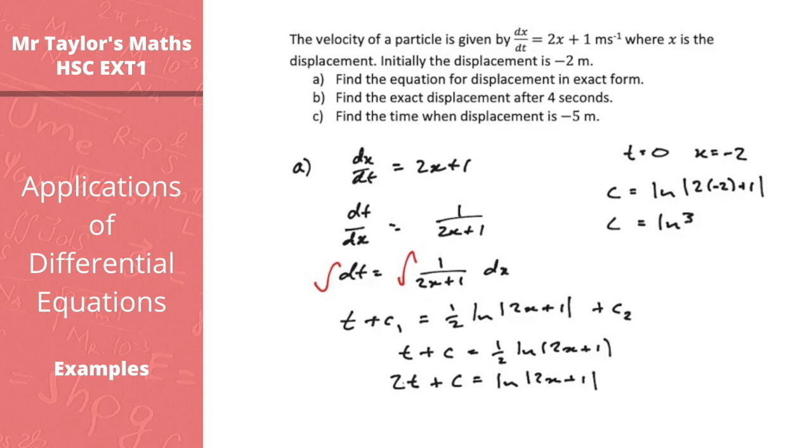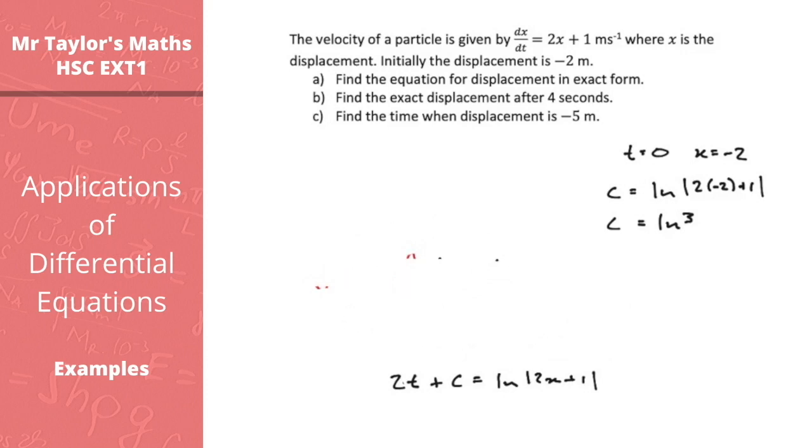I've run out of room a little bit here, so I'll just get rid of this bit. So what have we got now? We've got 2t plus ln 3 equals ln of the absolute value of 2x plus 1.